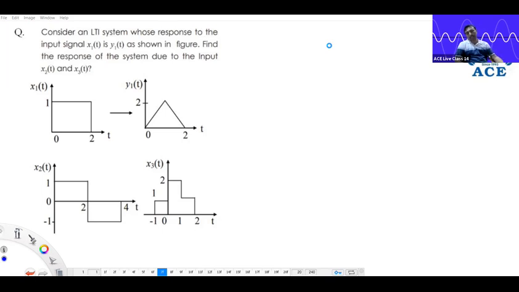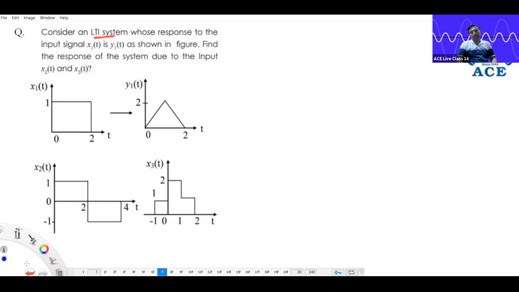Generally, a rectangular input becoming a triangular output means a possibility of integration. But there is no need to know the exact mathematical operation here. The system name itself will tell the result for us. LTI, linearity and time invariance, means addition and shifting.